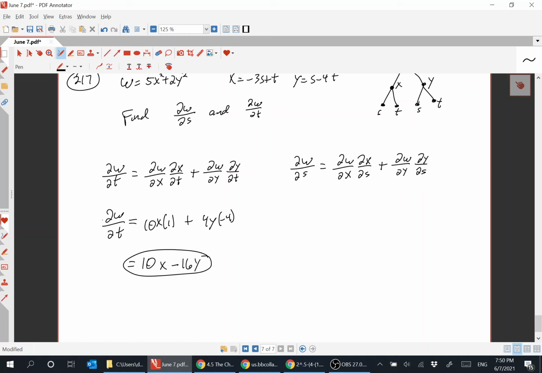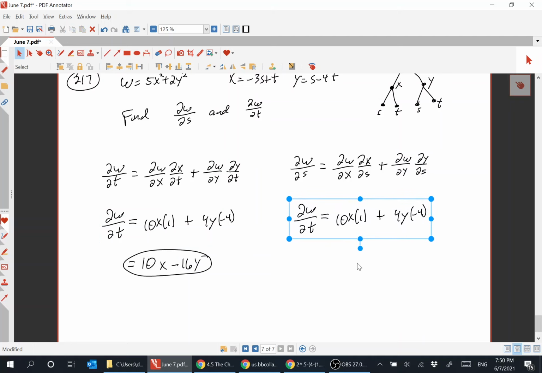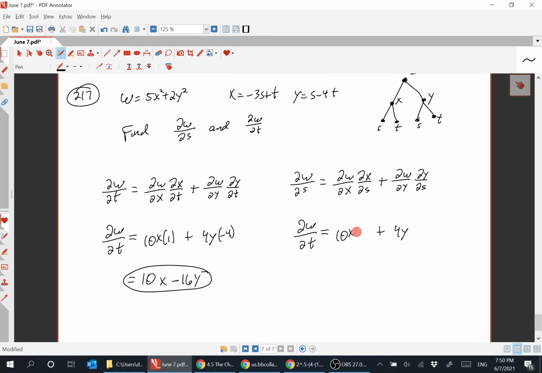Now, for partial of w with respect to the variable s, right, you can copy and paste this thing. The only thing that changes, you've got partial w with respect to x, that's 10x. Partial w with respect to y, that's 4y. And now, partial x with respect to s is minus 3. Partial y with respect to s is 1.